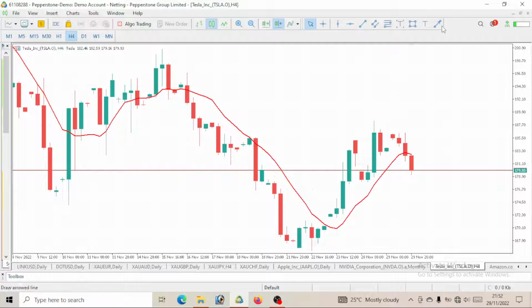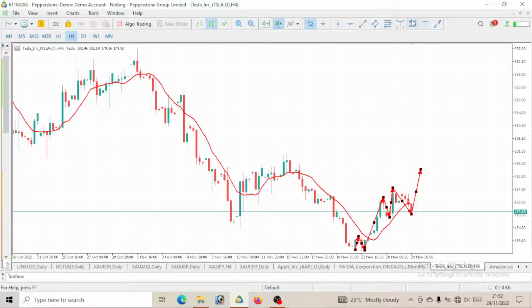You can see highs, correction, highs, correction, new highs that broke the previous highs. Guess what? A correction is being made. So we're very much likely to go bullish again to a level of 200.